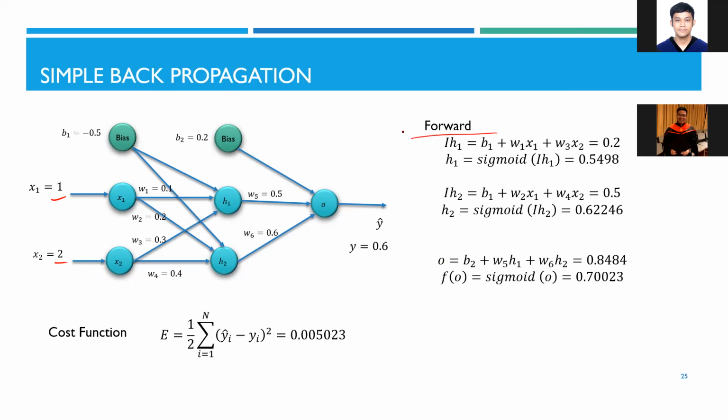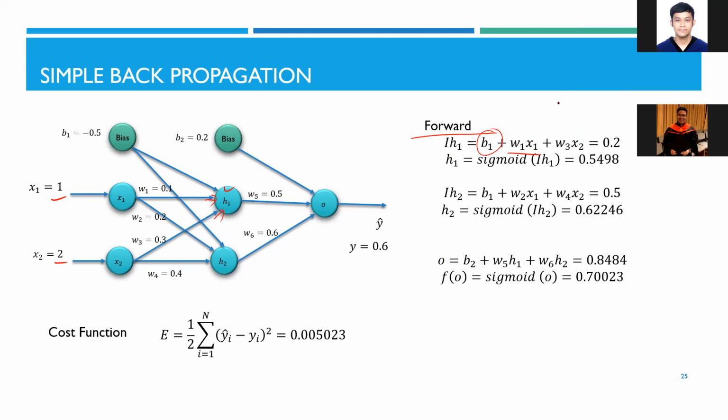Let's start the forward pass from H1, the first node in the hidden layer. The first input is bias 1, then the second input is from X1, and the last input is from here.